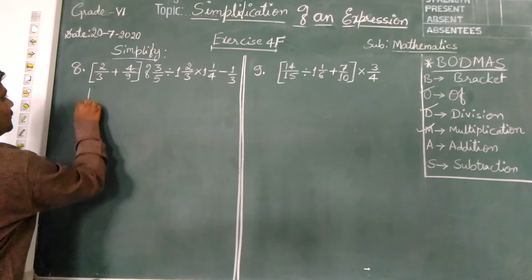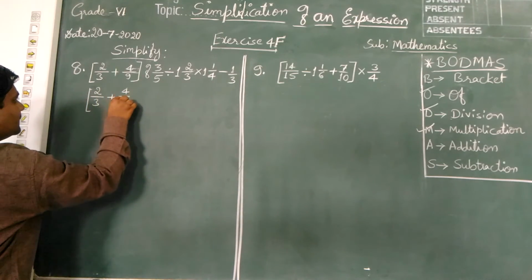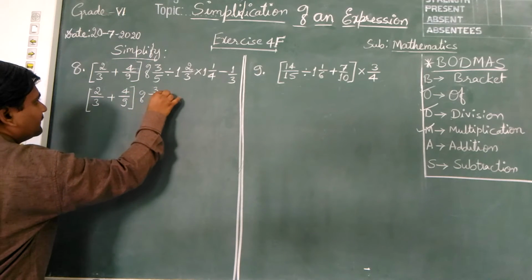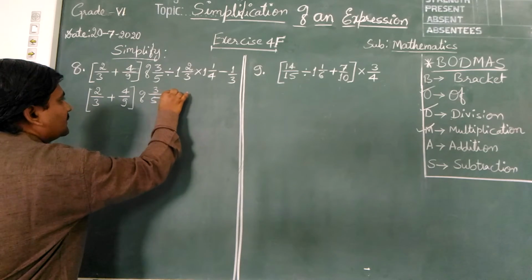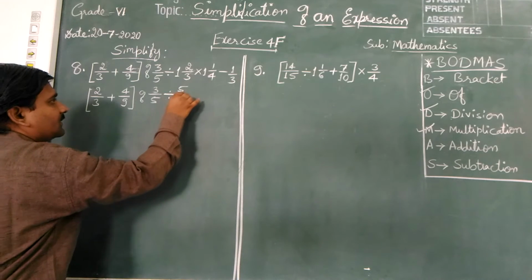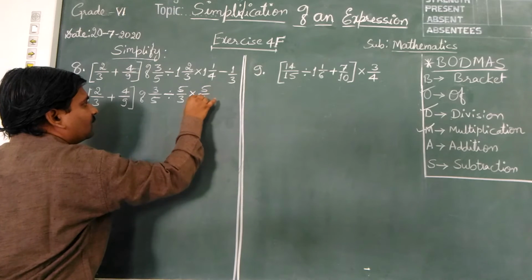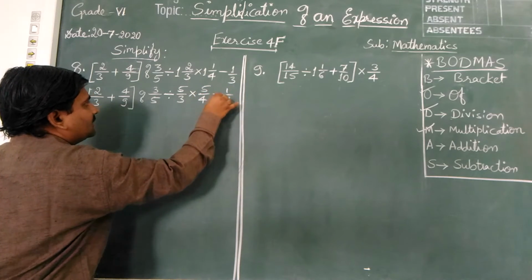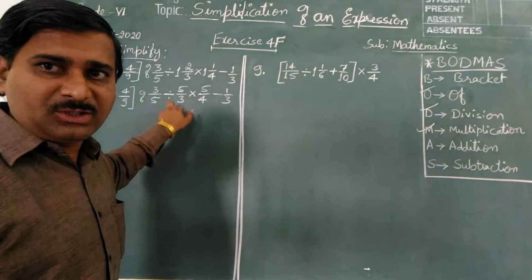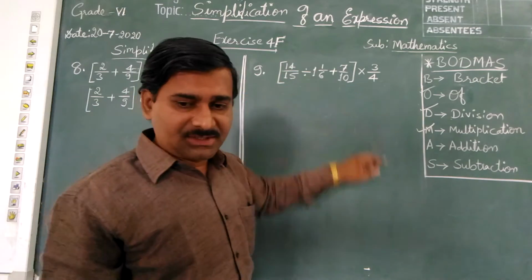This 2 by 3 plus 4 by 9 of 3 by 5, divided by: 3 ones are 3, 3 plus 2, 5 by 3, into 4 ones are 4, 4 plus 1, 5 by 4, minus 1 by 3. Two mixed fractions were there, just converted to improper fractions. Nothing else is done.